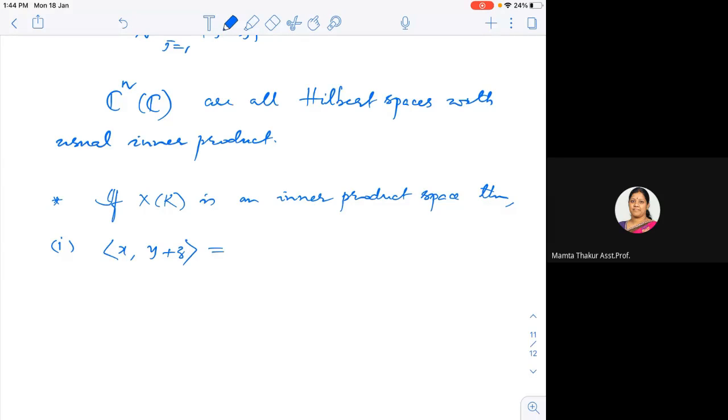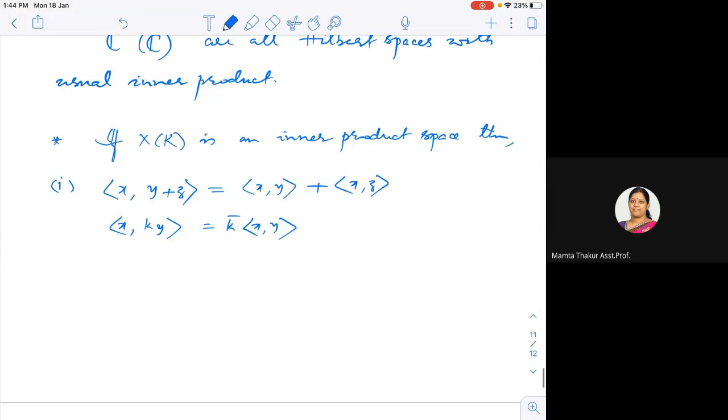That linearity is not guaranteed in the second coordinate, but with some change you can do that. Another property is that x comma ky is k bar times x comma y, which we call conjugate linearity in the second coordinate.